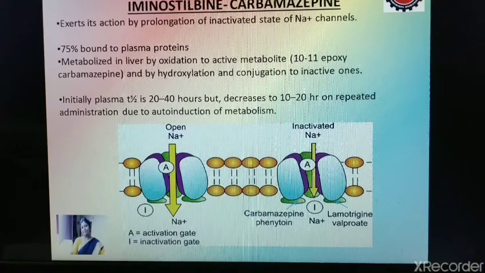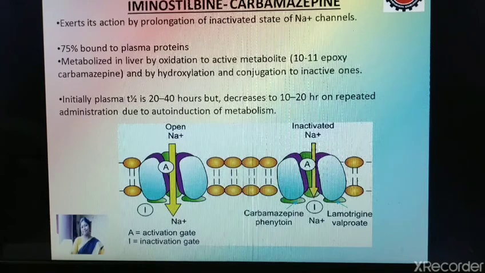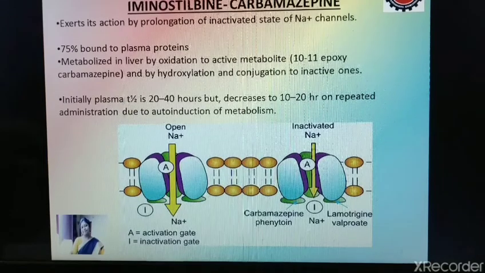The plasma half-life initially is 20 to 40 hours but decreases on repeated administration due to autoinduction of metabolism.